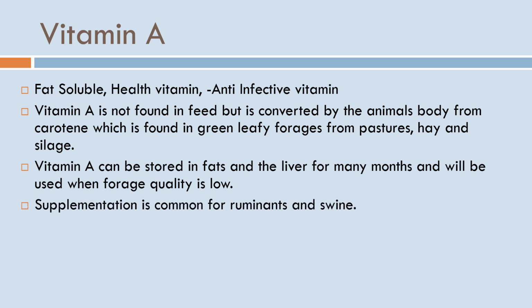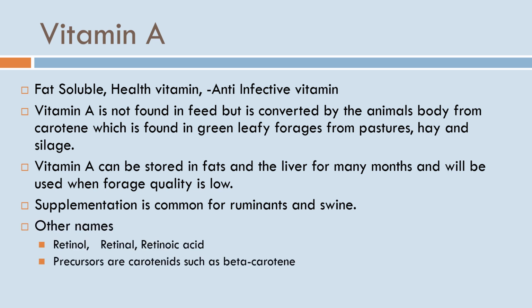However, in the case of ruminant animals and other monogastric species, supplementation is common for vitamin A. The reason being its main role in maintaining body health. Here are the other names of vitamin A: retinol, retinal, retinoic acid. The precursors are carotenoids such as beta carotene, that is present in carrot.